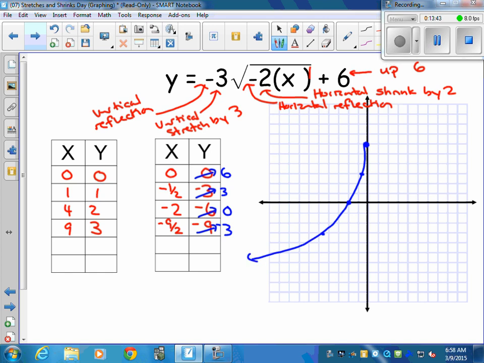So you can see the graph definitely looks a lot different. Okay, when we have a reflection applied to it, in this case we've got a double reflection, horizontal stretch, vertical stretch. So we do have those pieces being applied overall.